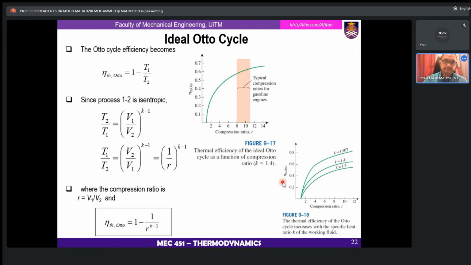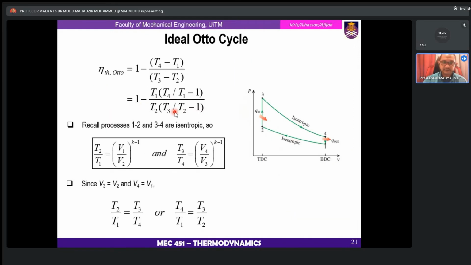This also applies to process 1-2 and 3-4.